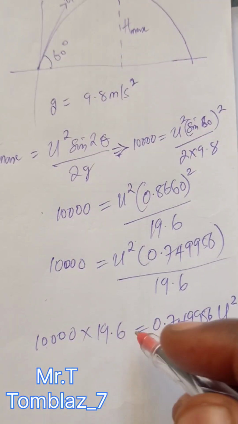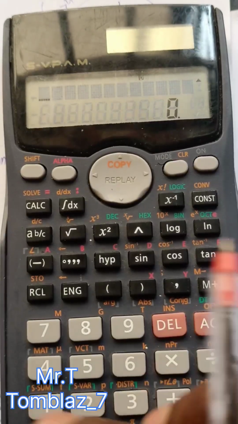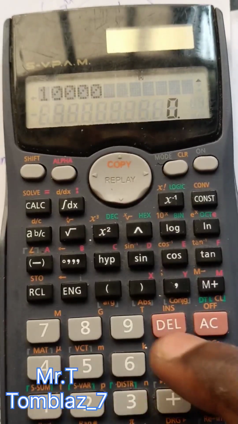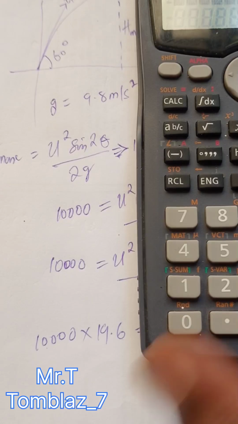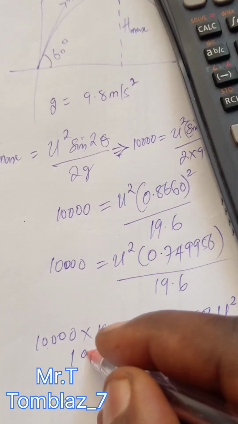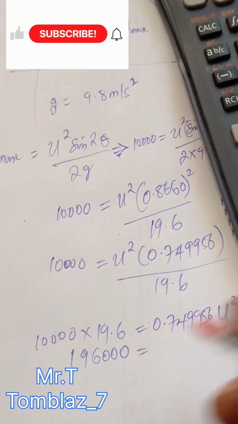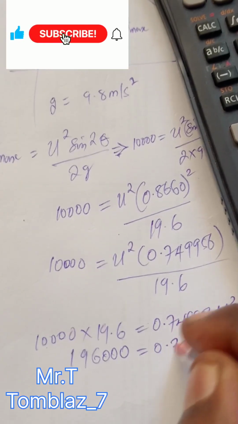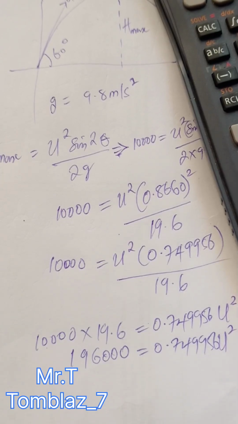Let's multiply this. 10,000 times 19.6 is going to give us 196,000, and it's equal to 0.749956 U squared.